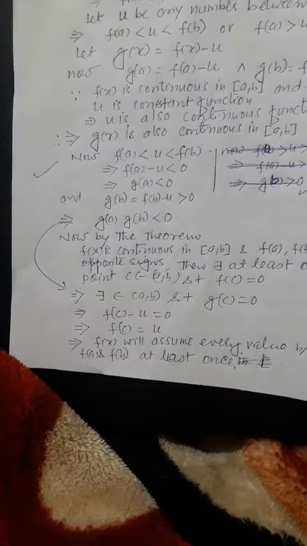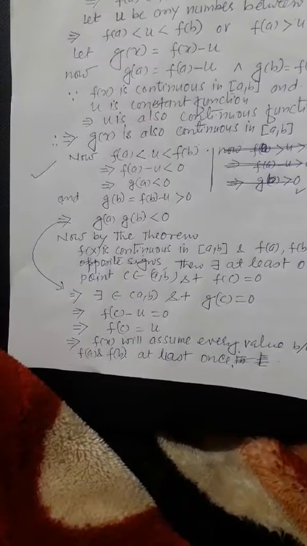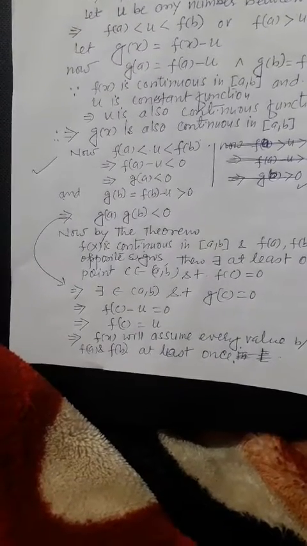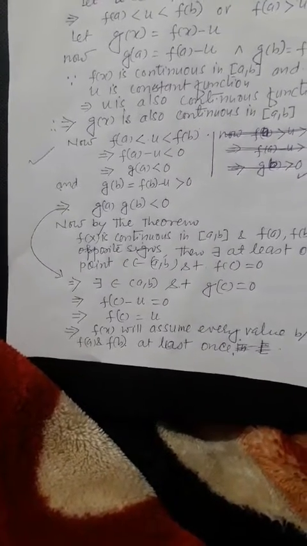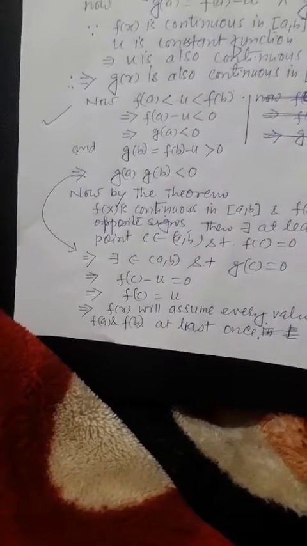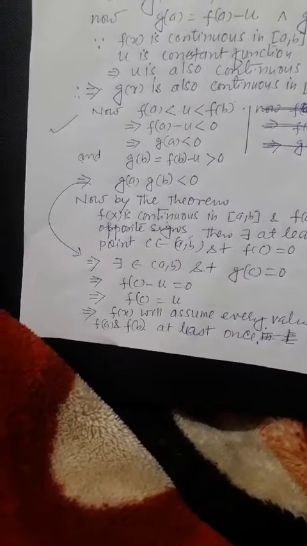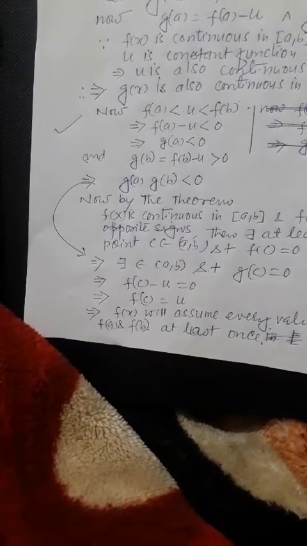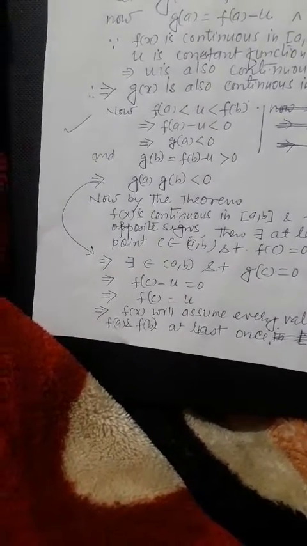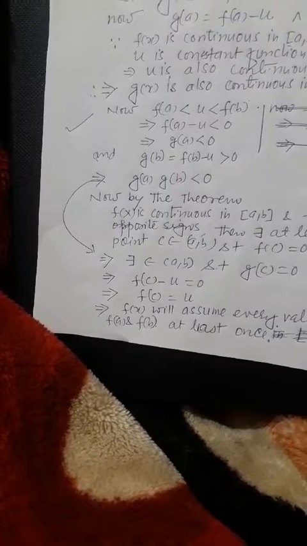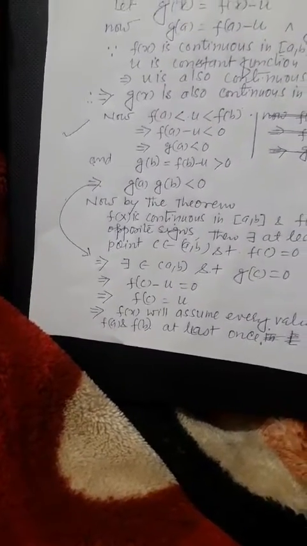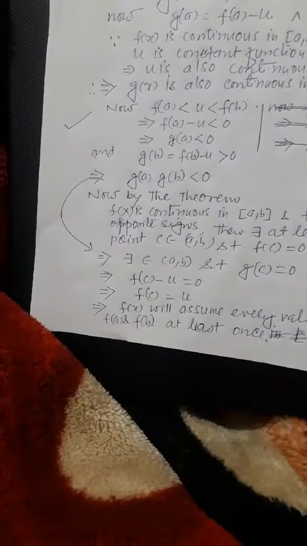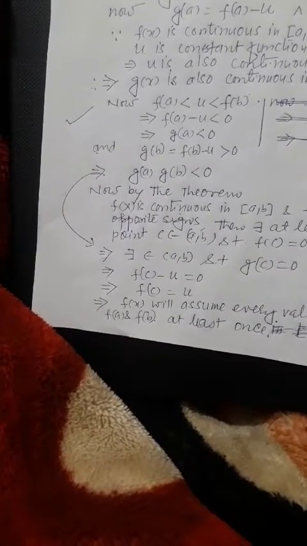And from this g(b), we can say f(b) - u > 0. Now, g(a) is less than 0, g(b) greater than 0. So, by simple rule, product of g(a) and g(b) is less than 0.